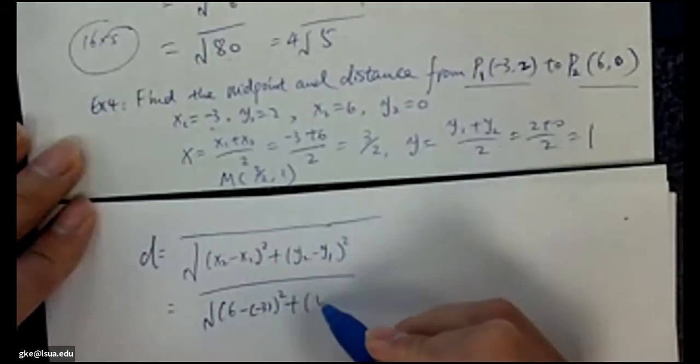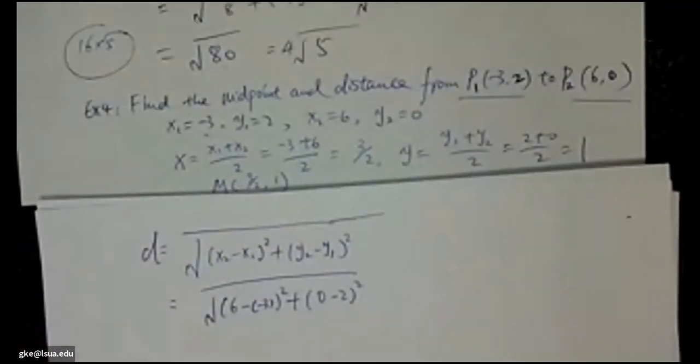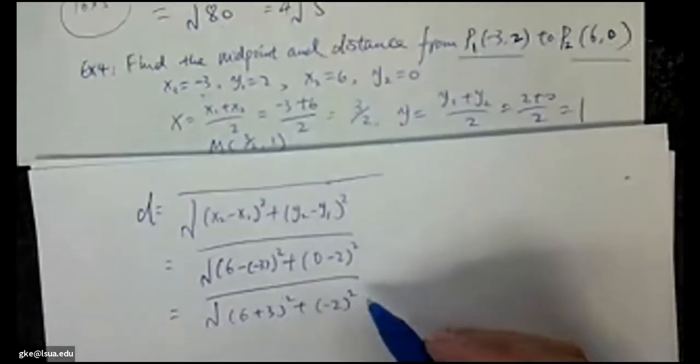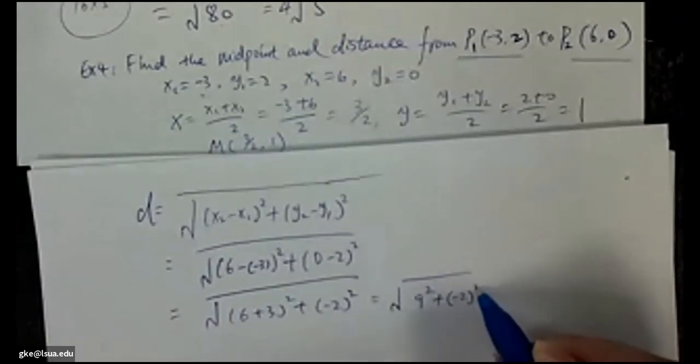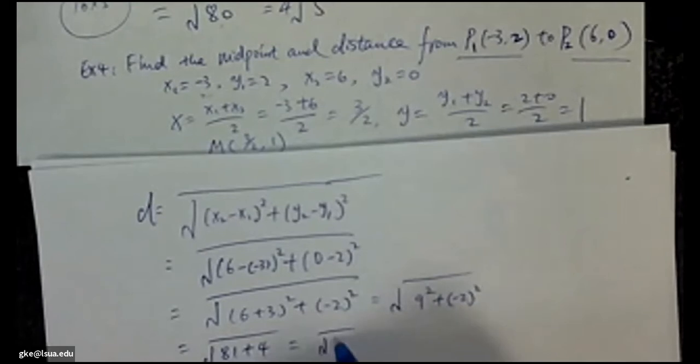Then 1, 2 is 0 minus 2 squared. Just plug in all the values. That's your step, right? And then you're going to get 6 plus 3 squared, -2 squared, 81 plus 4, square root of 85.